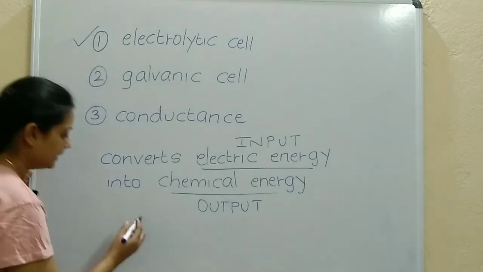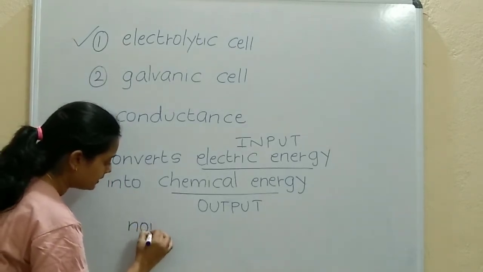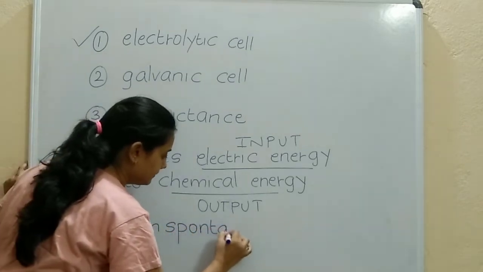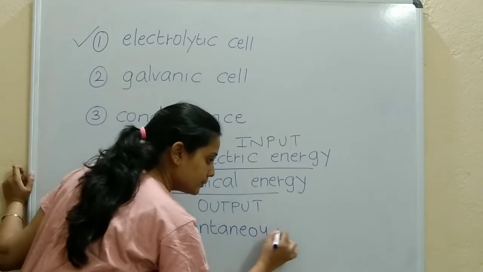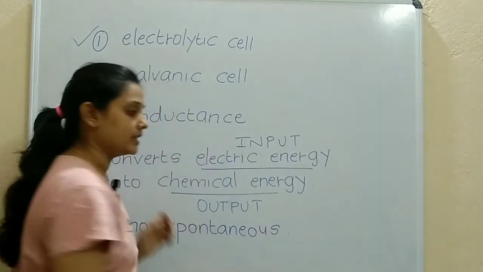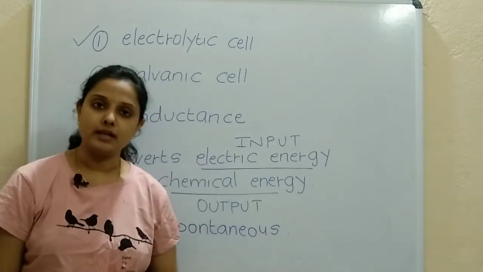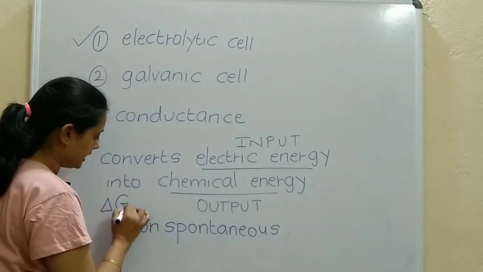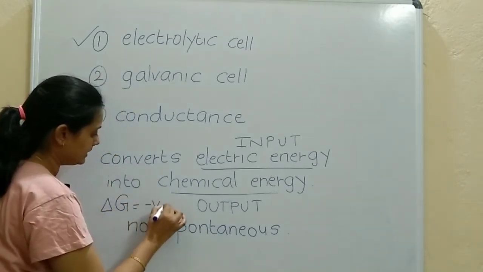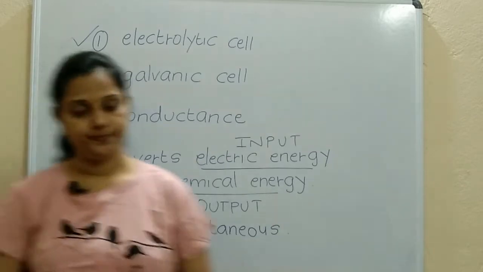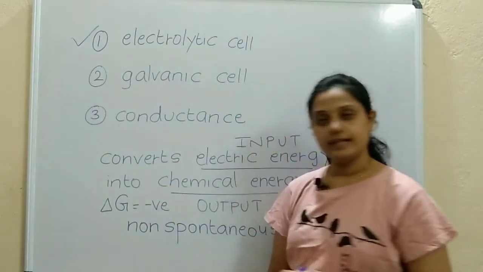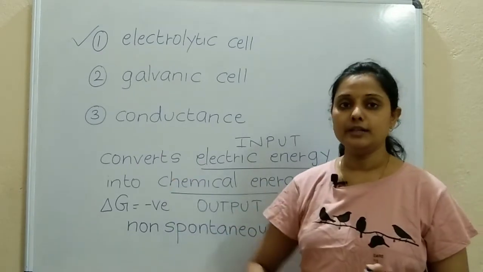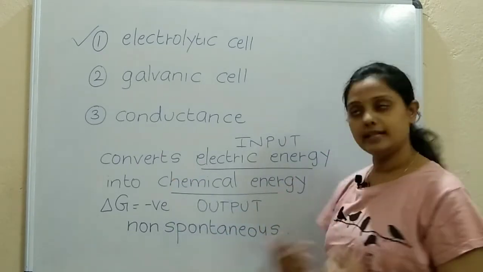So it is non-spontaneous. So it is a non-spontaneous reaction. And as it is a non-spontaneous reaction, the delta G value, the Gibbs free energy, is positive. So an electrolytic cell is a cell in which conversion of electric current to chemical energy takes place.